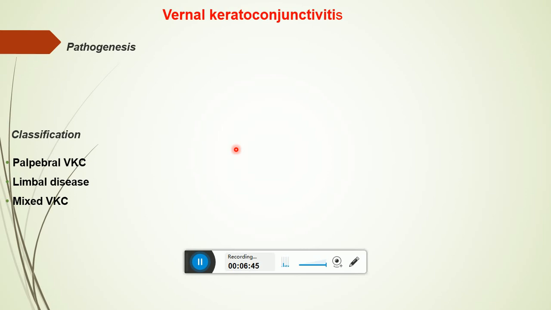VKC occurs on a seasonal basis, and the peak incidence is late spring and summer, although there may be mild perennial symptoms. It is divided into palpebral, limbal and mixed. The palpebral form affects the upper tarsal conjunctiva and is associated with corneal disease because of close application between the conjunctiva and corneal epithelium.